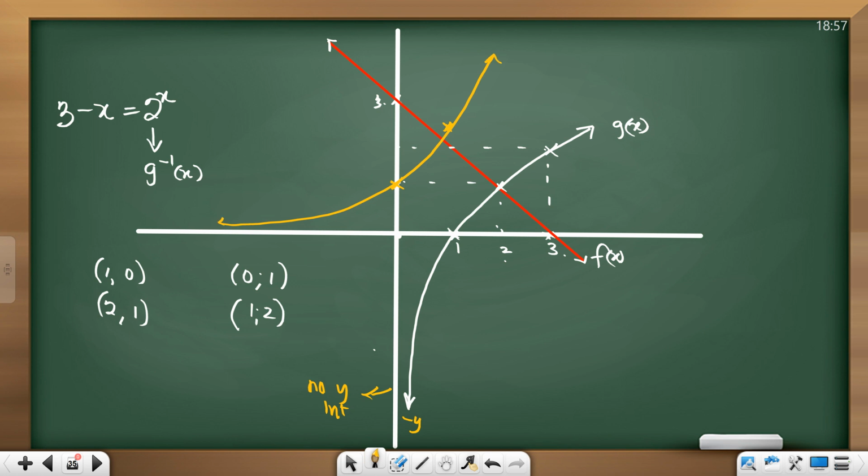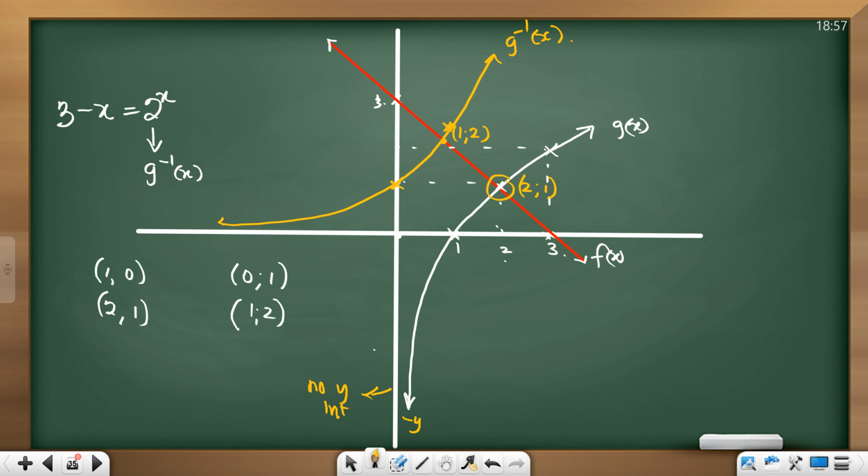Does that make sense? What was this point of intersection? It was 2 and 1. Do you know where this point of intersection would be? It will be 1 and 2. This is my g inverse of x.